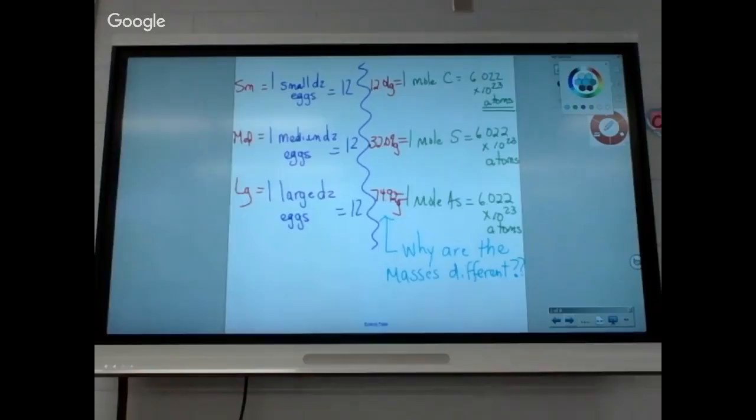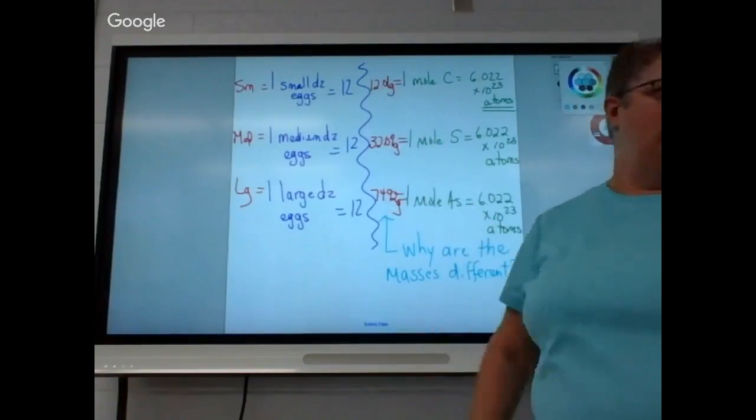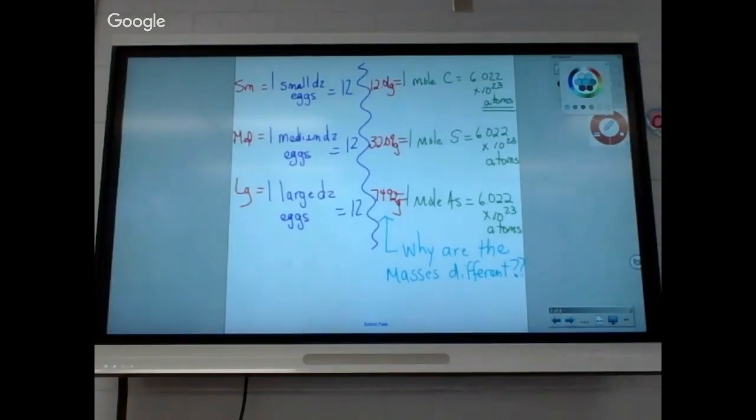Okay, different number of neutrons. Can you give me a little more? You're almost there. Pastor, could you add a little more to her answer? Nope. Cameron? No. What did she even say? I asked, why are the masses different here, here, and here? And Kayla has half of it. She said a different number of neutrons, and Brandon's got the other half. Proton. There you go.